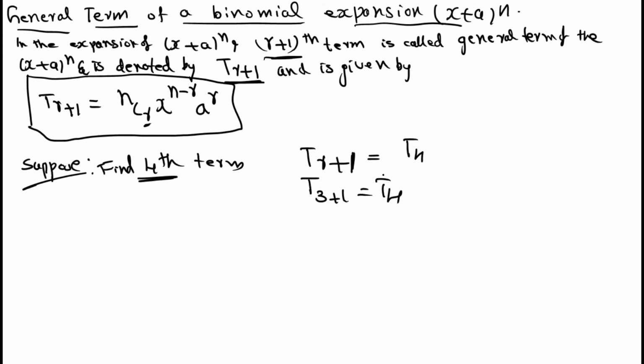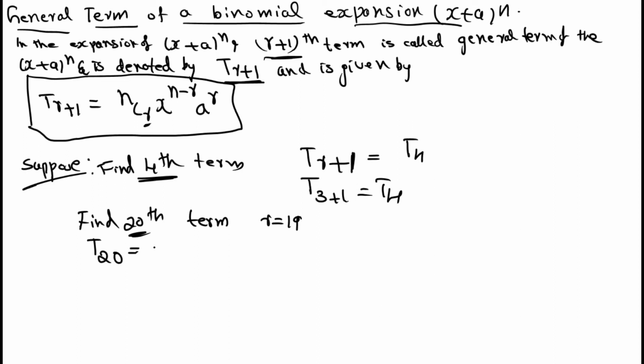Therefore, remember, whenever the question is to find T5 or T6 or Tn, the r value is 1 less than the required value. Suppose we find the 20th term. Then the r value is 19, because we need to calculate T20.